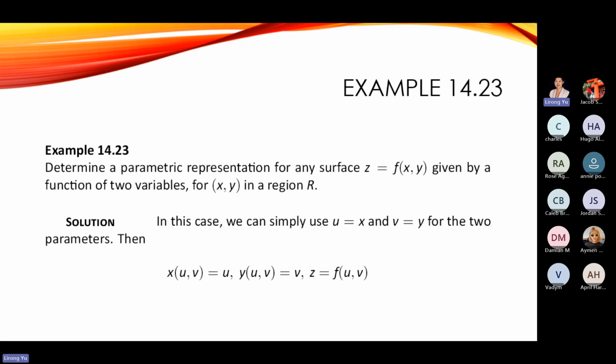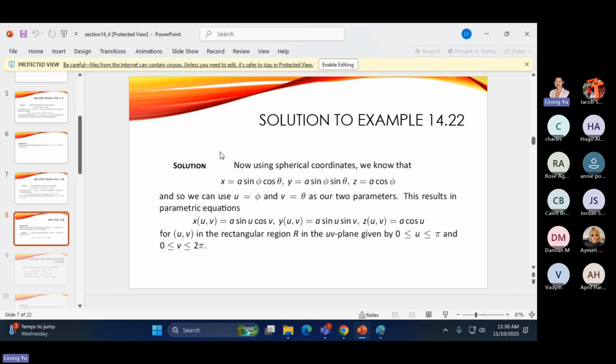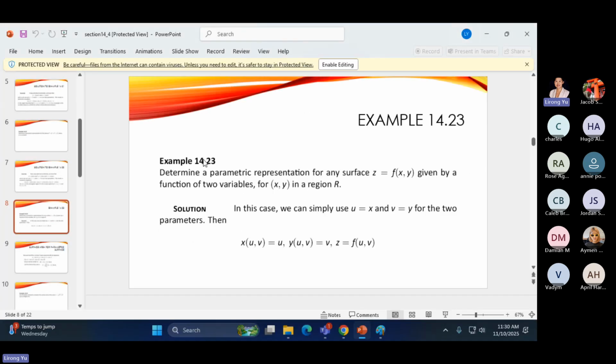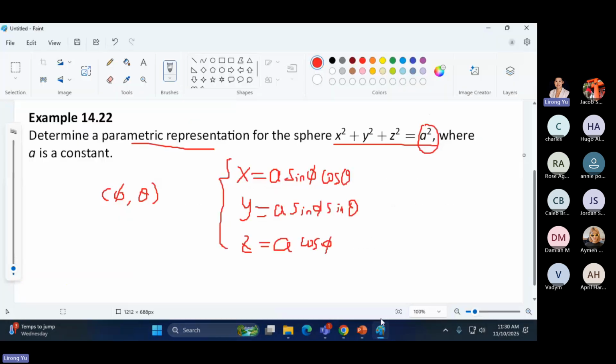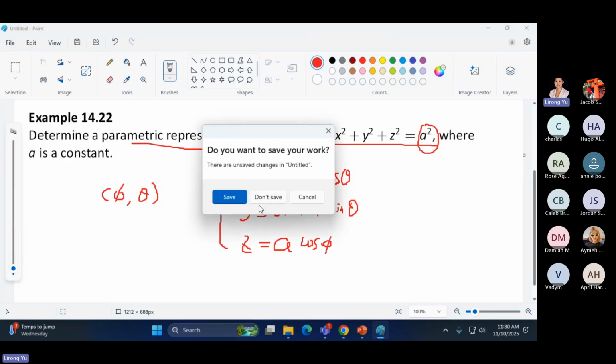Next question is, what if we don't have any special surface? What if we just have a single equation that goes z equal to f of x, y? How do we convert that to a parametric equation? The answer is actually pretty simple, because if z equal to f of x, y, then z has already been represented.